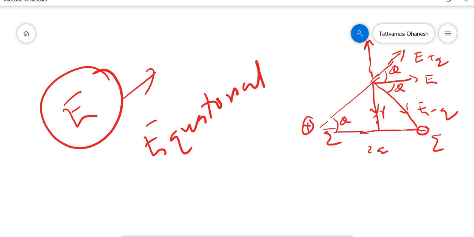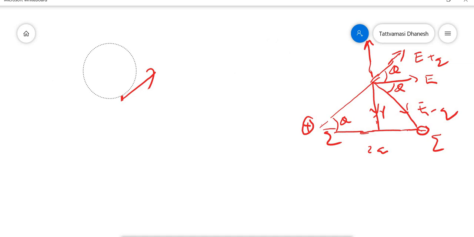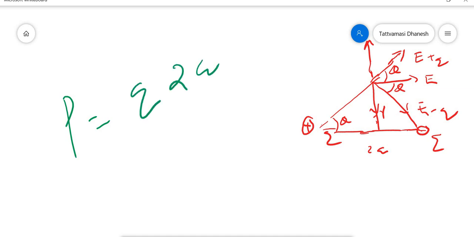Another term we discuss here is the dipole moment. So what is dipole moment? It is denoted by the letter P, and P is equal to one of the charges Q into distance in vector form. Vector P is equal to Q into 2A. So these aspects you know.